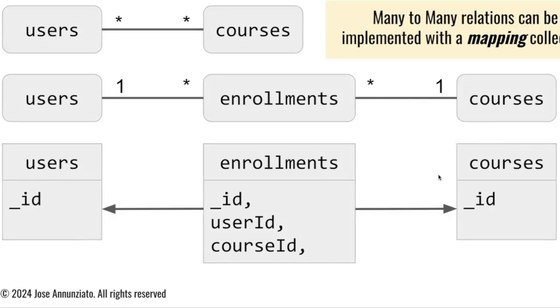Or vice versa, courses can have an array of users and then the instances of the user. But then that same user is going to be copied in multiple courses, all the courses that it's enrolled in. So now you have a lot of redundancy, the data being duplicated in multiple places, again opening us up to the risk of inconsistency.